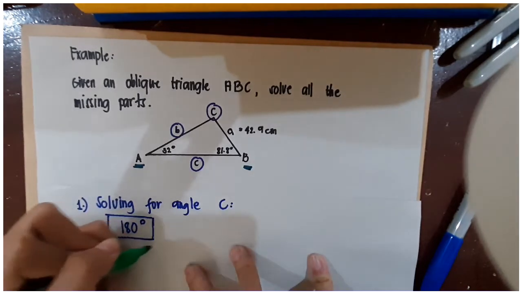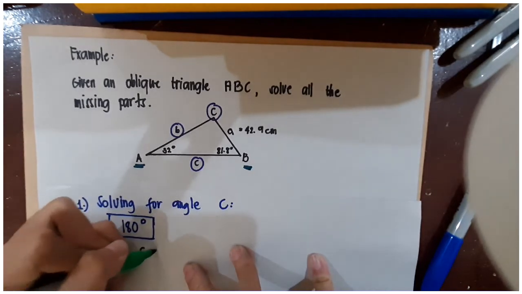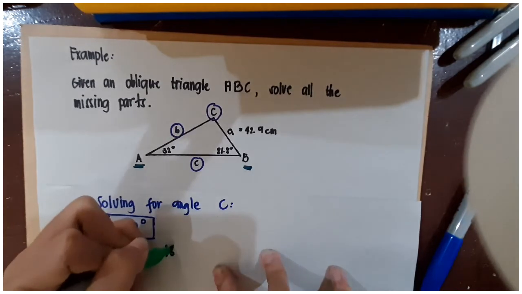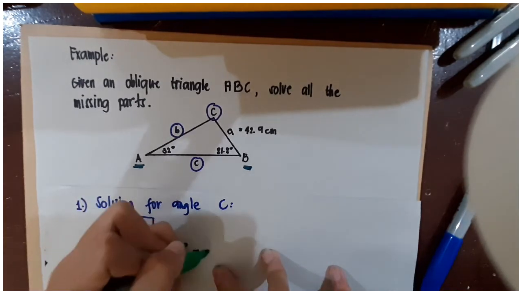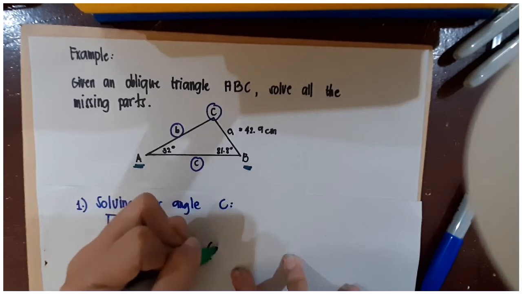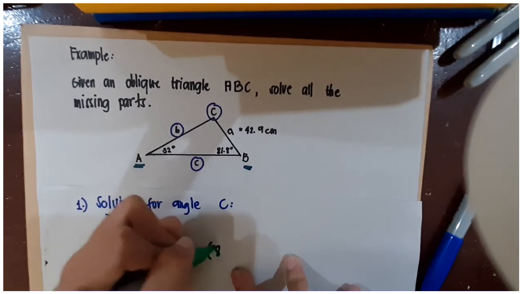So C is actually 180 degrees minus the sum of your A and B.